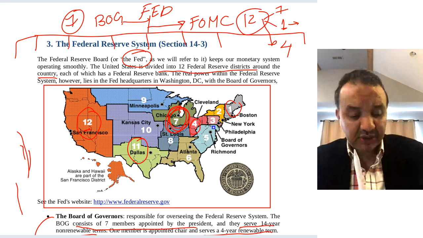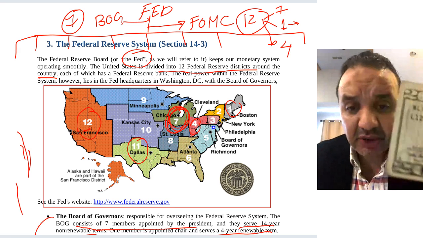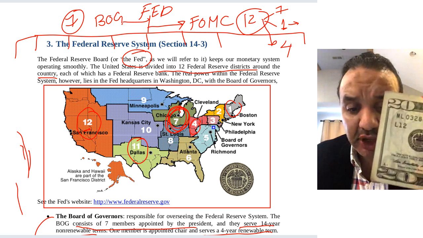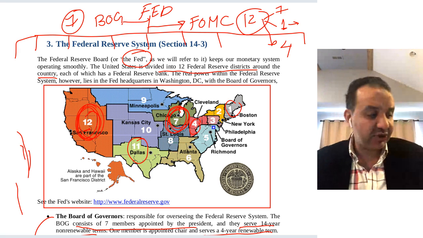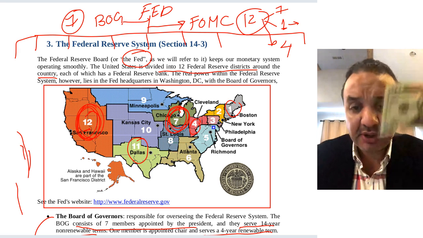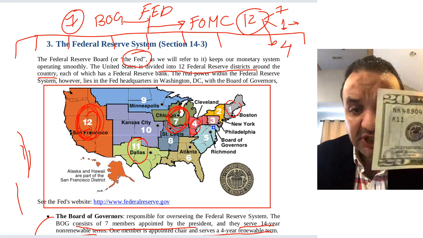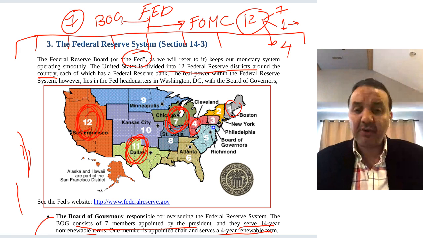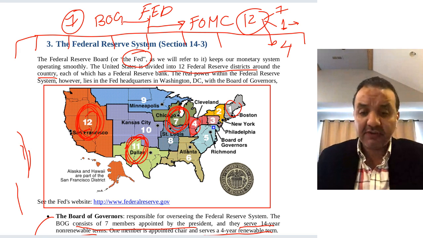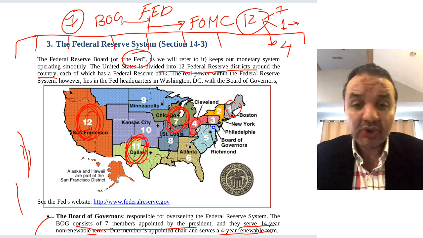Let me check another one. This is another $20 bill, and this is L12. It means this bill has been printed in San Francisco. I have another one here, K11. K11 has been printed in the Federal Bank of Dallas.